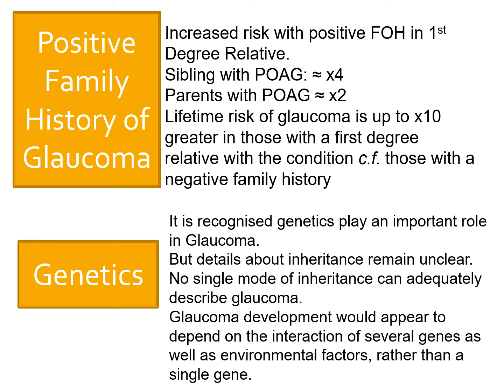So lifetime risk of glaucoma is up to 10 times greater in those with a first degree relative compared to those with a negative family history. And it's recognised that genetics play an important role, but the details of it are very, very woolly. It's multifactorial by the looks, and it would depend on a whole lot of things. So because I don't understand genetics very well, I'm not going to linger on that one. And it doesn't really help us the way we treat it anyway.